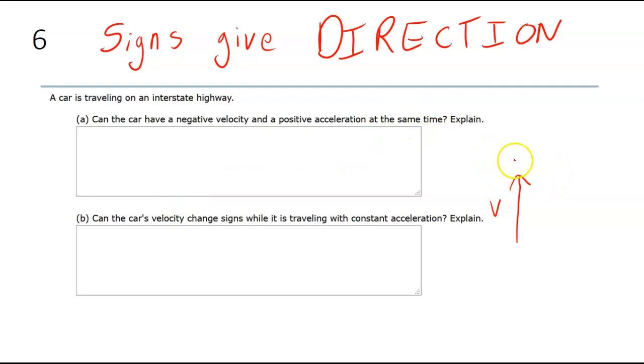In this case, if my velocity is decreasing, or if my speed is decreasing, that means that my acceleration is in the opposite direction.